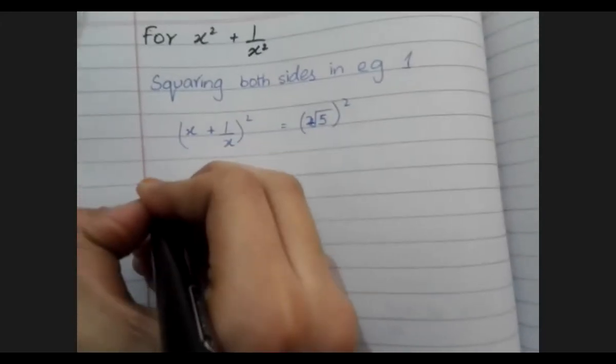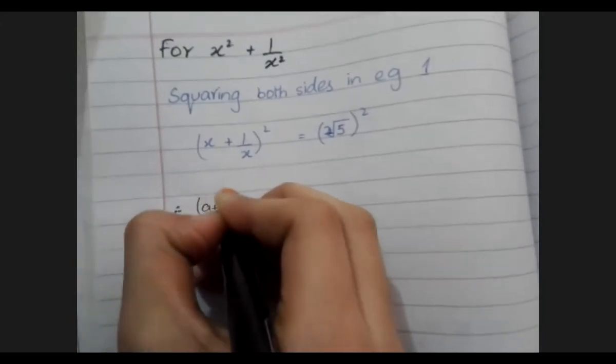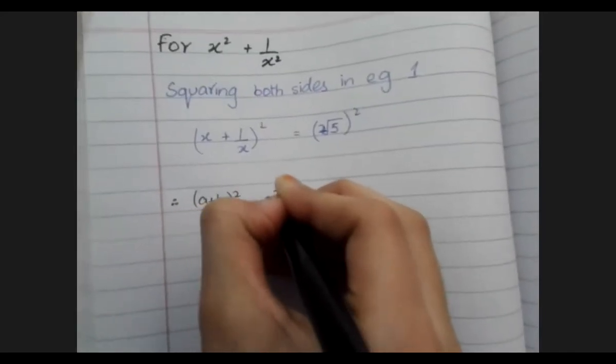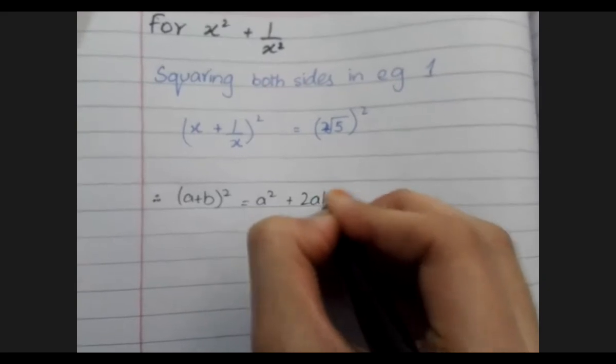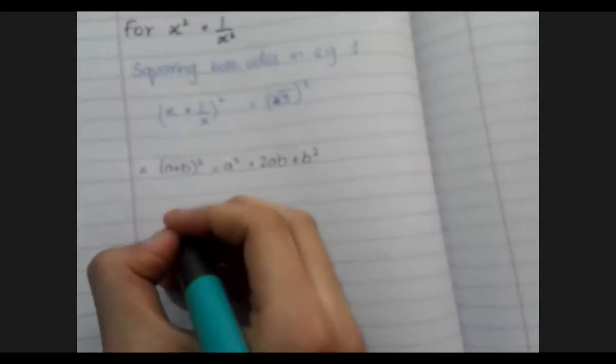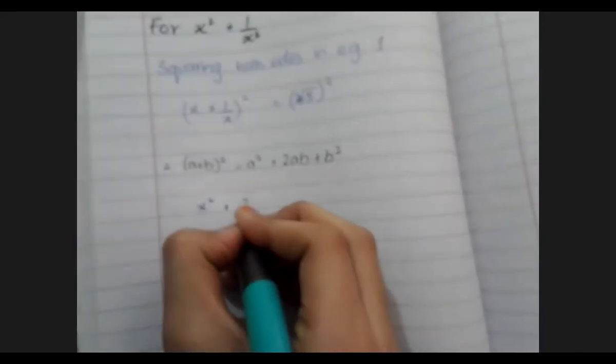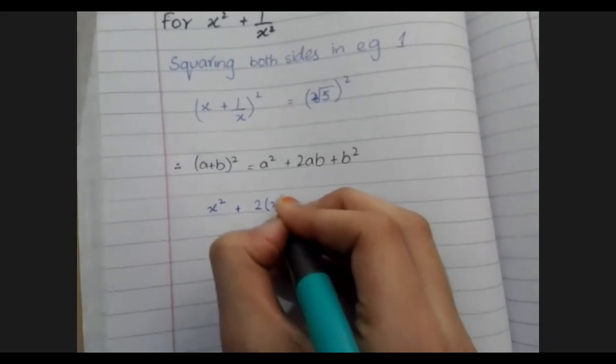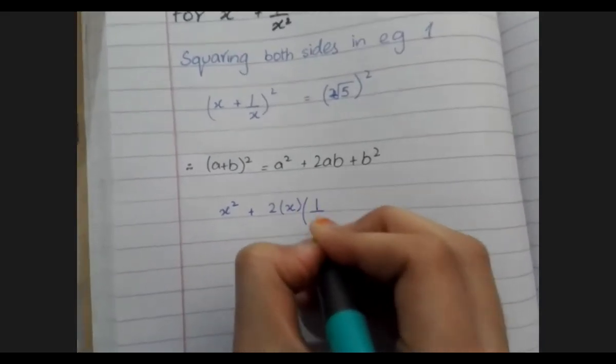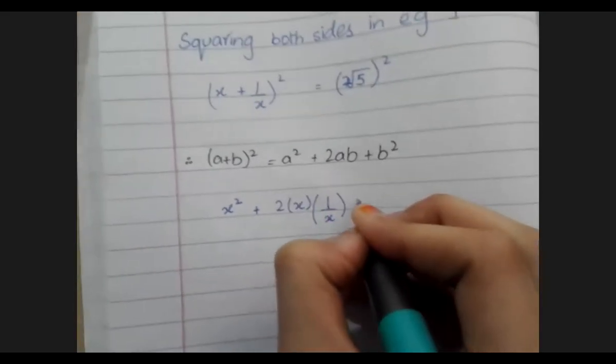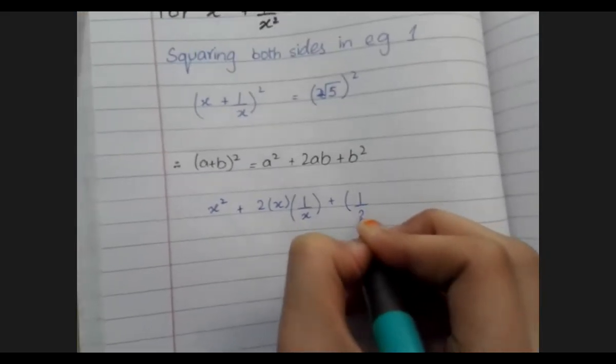Now apply the formula here. A plus B whole square is equal to A square plus 2AB plus B square. Now simply write x square plus 2 inside the bracket x, bracket close, bracket 1 upon x, bracket close, plus 1 upon x square equals to, now look here, place the square on 2 and under root 5 separately.